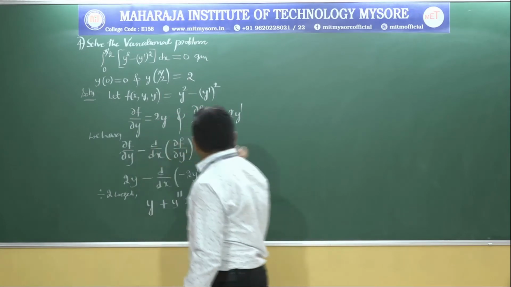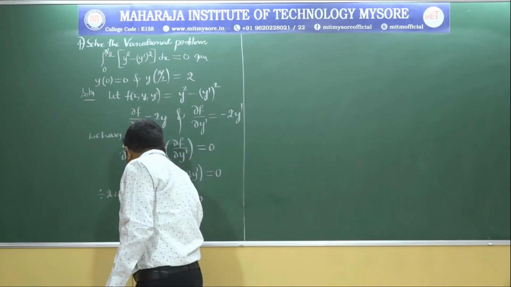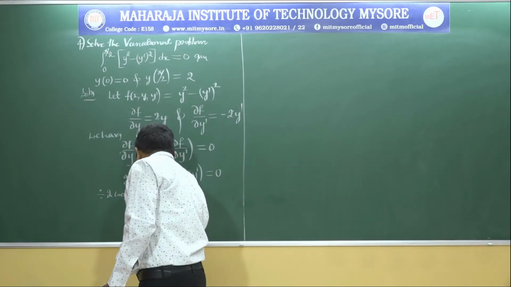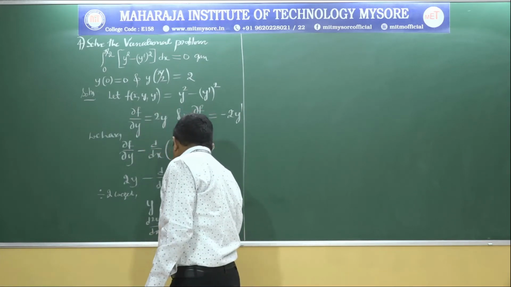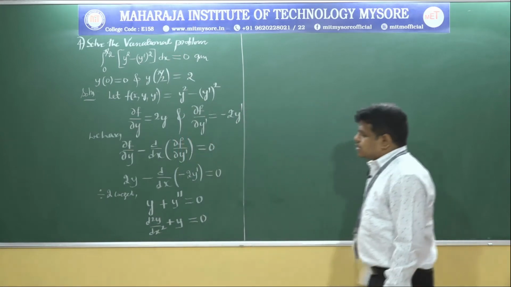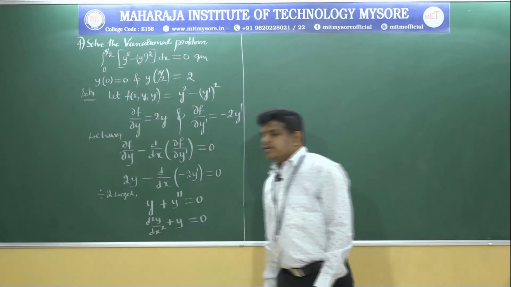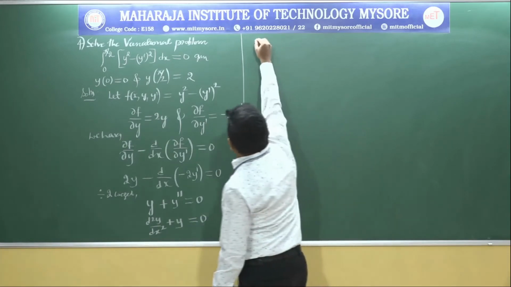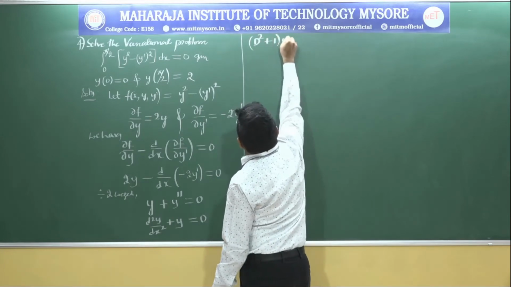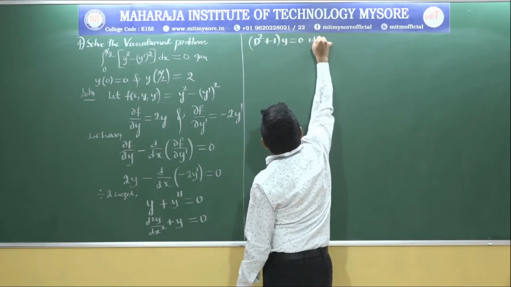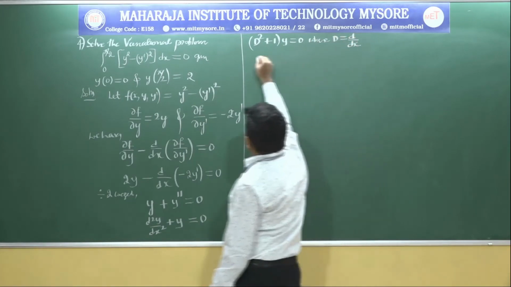This can also be rewritten as d square y by dx square plus y equals 0. This is a second order ordinary differential equation. In terms of the D operator, this can be rewritten as D square plus 1 into y equals 0, where D is d by dx.